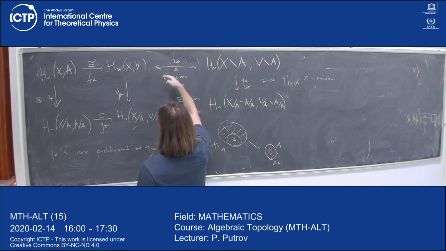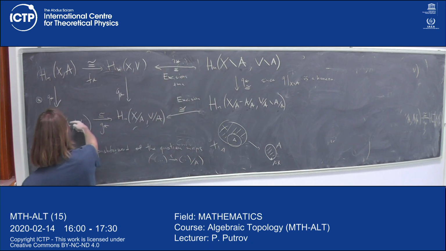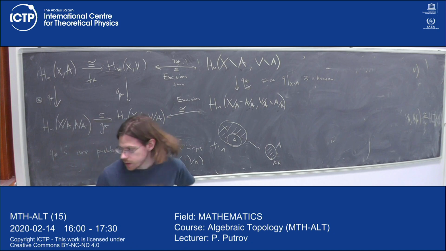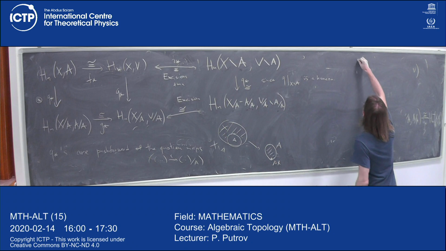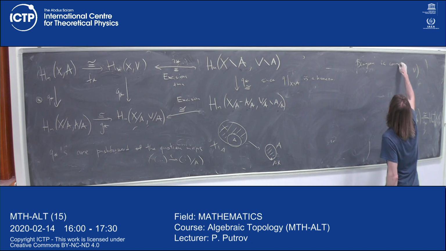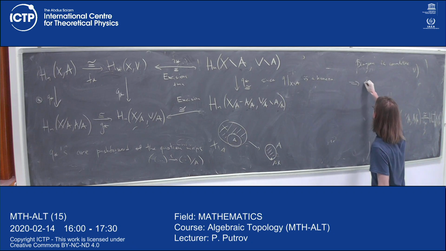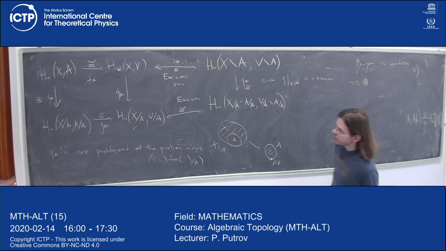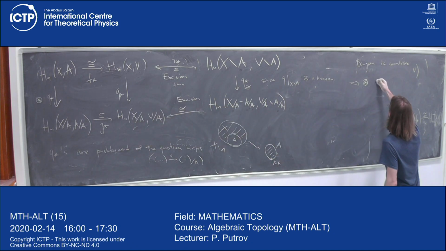Because all the arrows can be reversed, and they are isomorphisms. So we can go like this instead. And this is the isomorphism. The diagram is commutative. And then the leftmost map is an isomorphism.